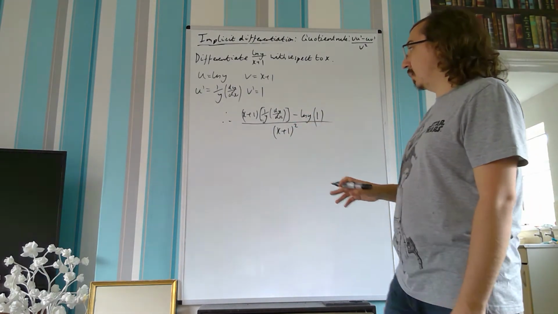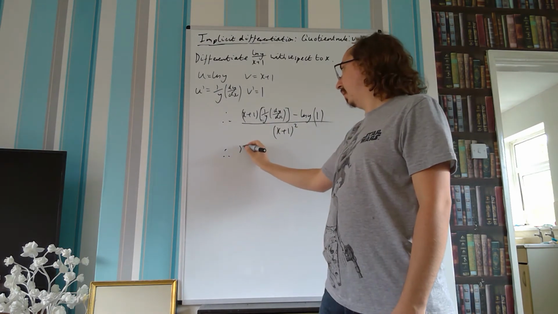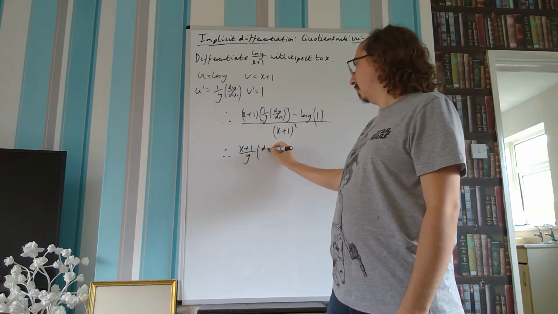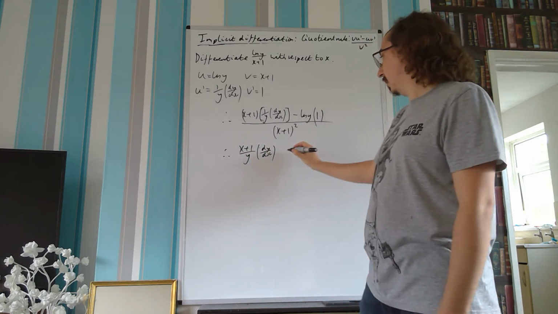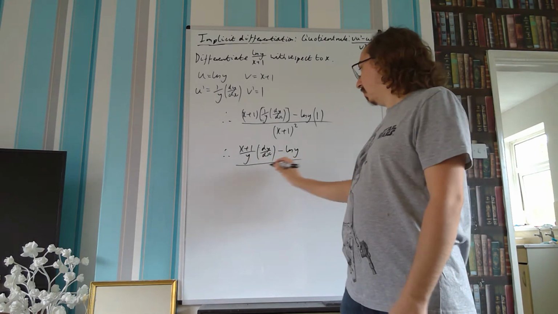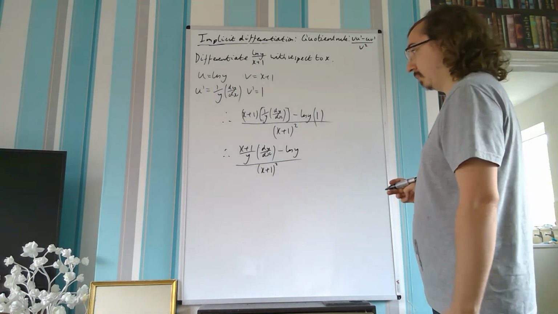So just tying this up a little bit then, therefore we can say that we have x plus 1 over y times dy by dx minus ln(y) all over x plus 1 all squared.